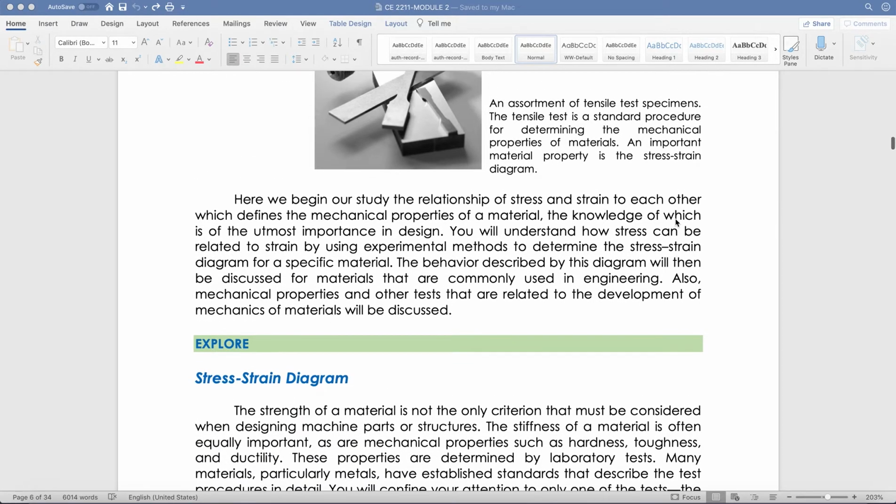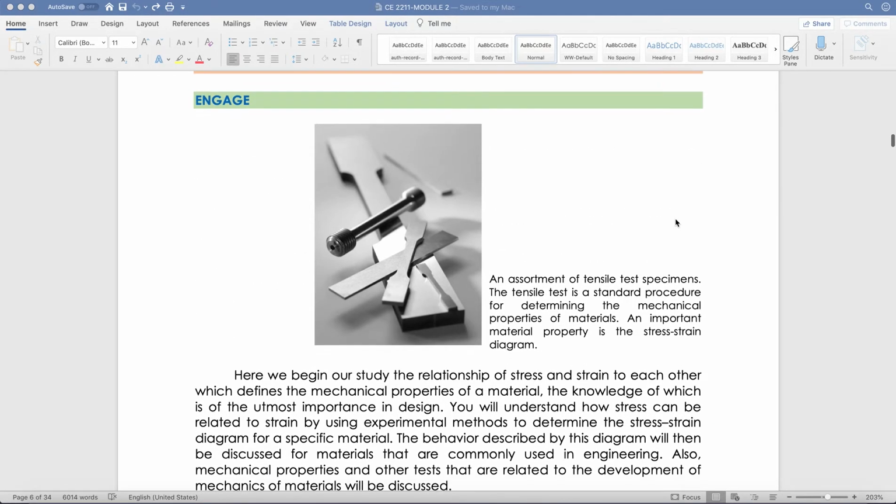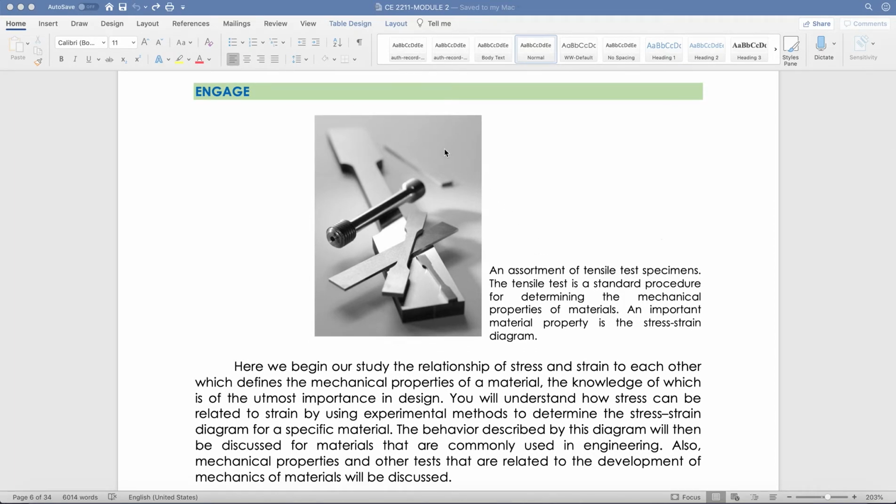Okay, so as you can see on your screen, we have here an assortment of tensile test specimens. The tensile test is a standard procedure for determining the mechanical properties of materials. An important material property is the stress-strain diagram.